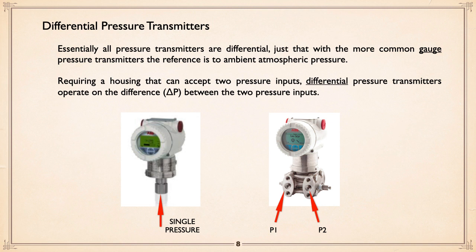And you can see the instrument. If you've got a single connection, it will handle a single gauge pressure only. But if you want the differential between two pressures, then you can use a differential input device, which has two. Obviously, if one of those inputs is at 0 atmosphere pressure, then it will play like a single pressure device. It costs more money just for the sheer fun of it.